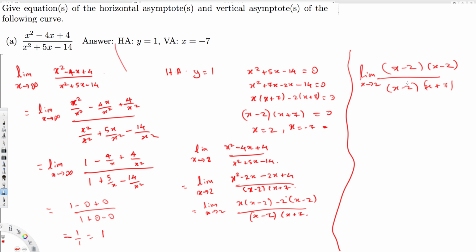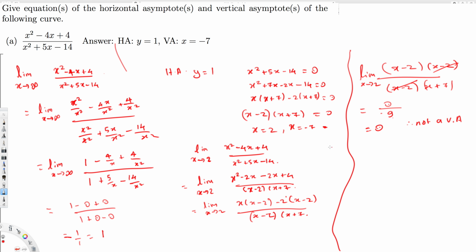In this case I can cancel (x minus 2) right here, and then I can substitute right away. If I substitute on top, I will get 0, and in the bottom if I substitute, 2 plus 7 is going to be 9. So 0 over 9 is going to be 0. This is not what we want. We want to get infinity. If we don't get infinity, that means this is not a vertical asymptote. So this is not one of our answers.